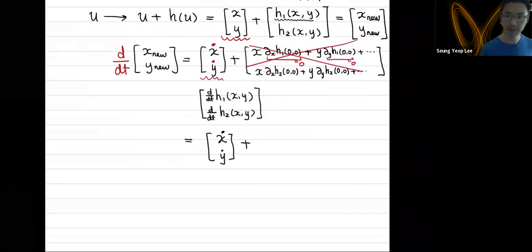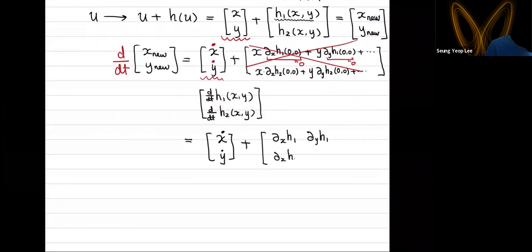This can now be written as the Jacobian here: x derivative in h1, y derivative in h1, x derivative in h2, y derivative in h2, times the time derivative in this. So that's exact.